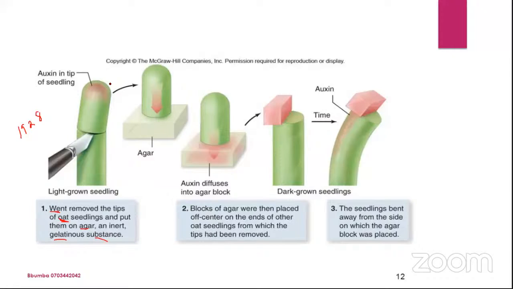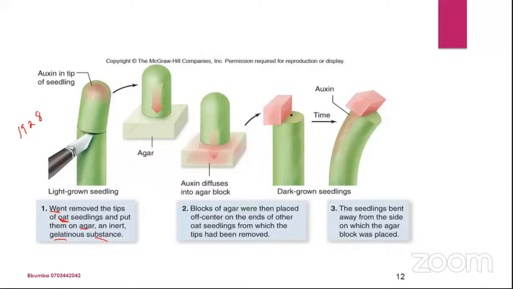Now, what happened is that the auxins diffused from the tip and entered the agar block. You can see that auxins diffused, they entered the agar block. Now, blocks of agar were then placed off center. This is the center.